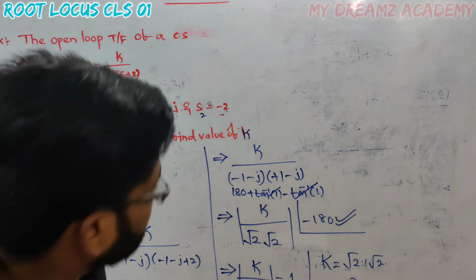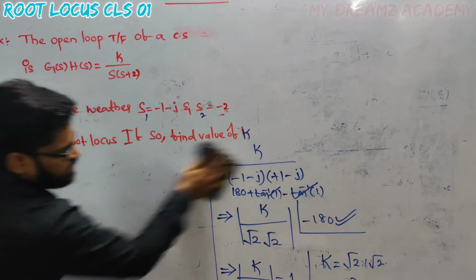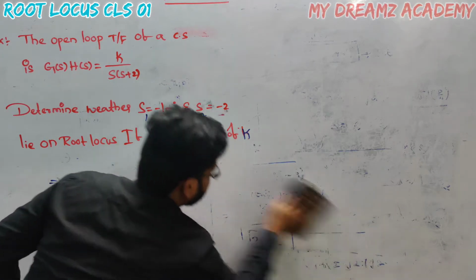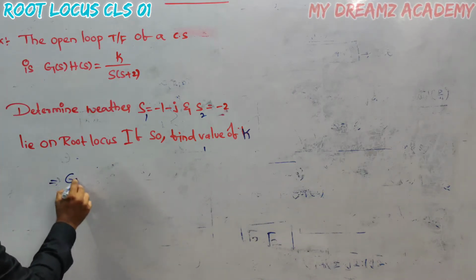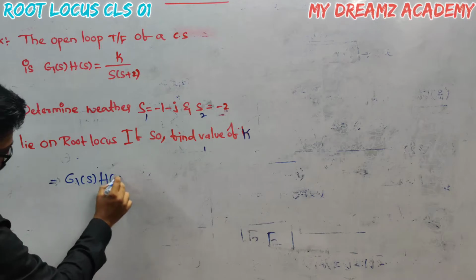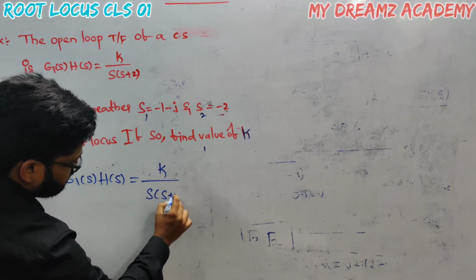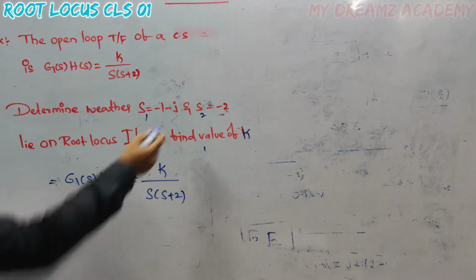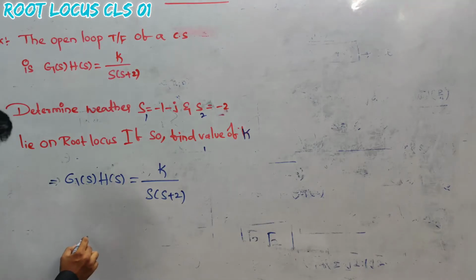Now we will see the second point, that is s equals minus 2. Our transfer function is G(s) H(s) equals K by s into s plus 2. Substitute s equals minus 2 in the transfer function.